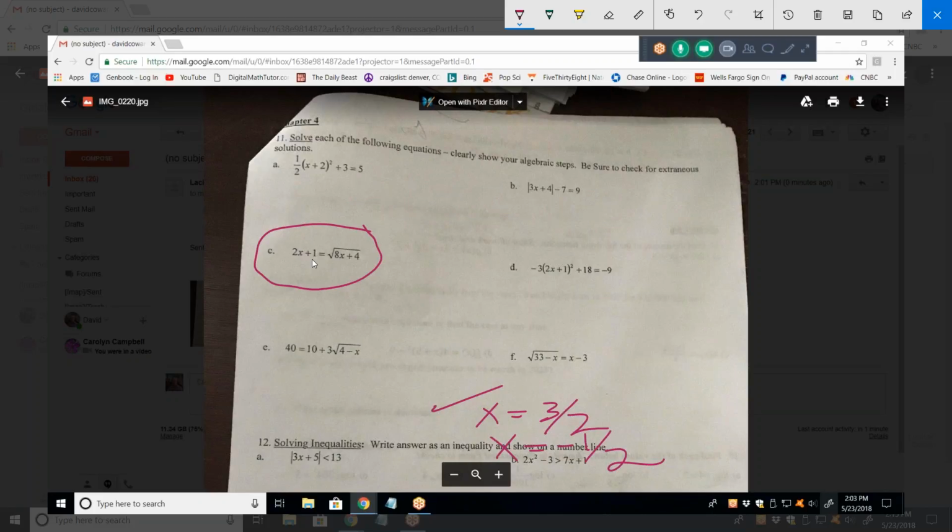When I plug in 3/2, this becomes 3 plus 1 equals the square root of 12 plus 4. True statement. So 3/2 works. Now plug in -1/2. What's the left side become when x is -1/2?